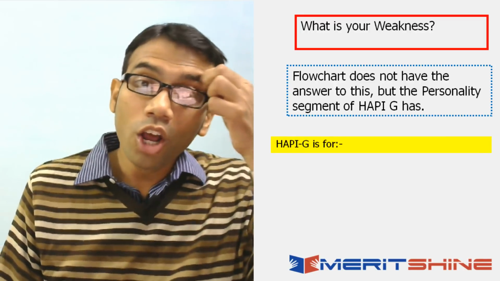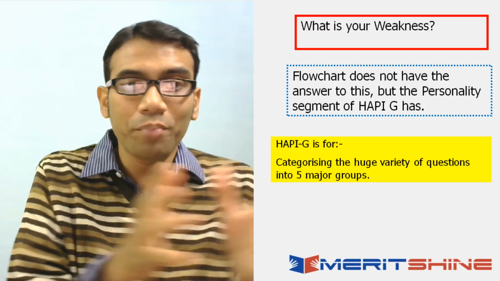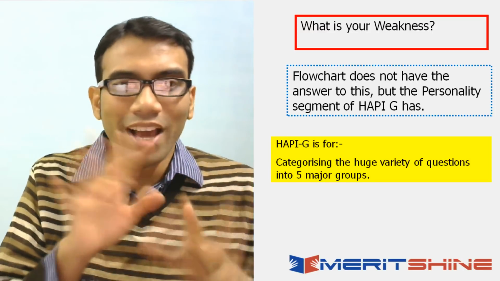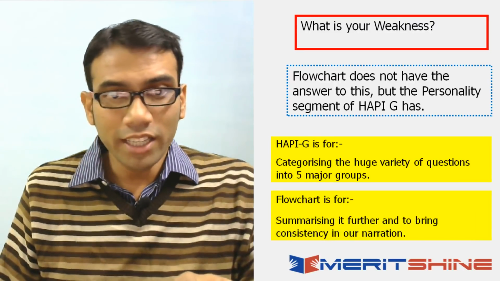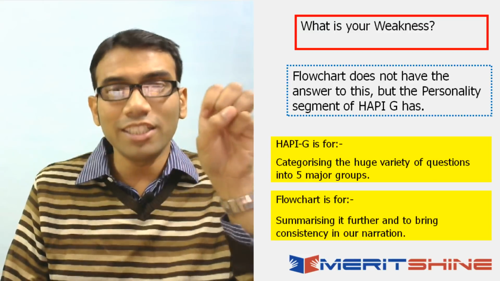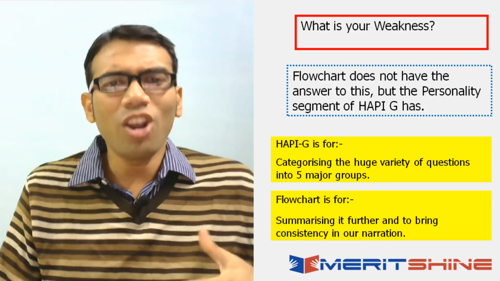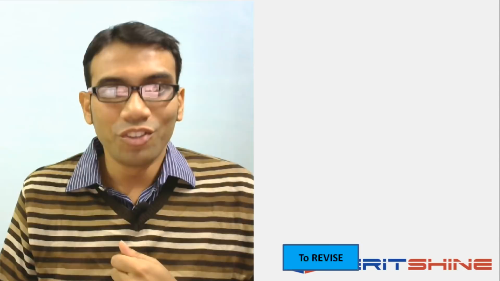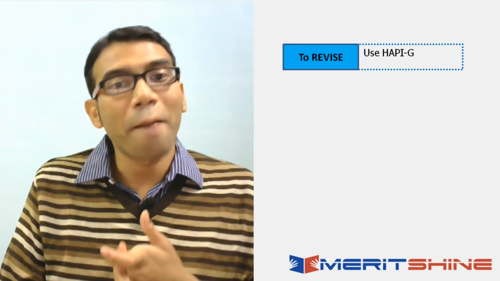HAPI-G was for consolidating the huge variety of questions that can come to us from our life into 5 major areas, H, A, P, I and G. Whereas the flowchart was to consolidate it further, summarizing it further and bringing consistency in our narration. So, whenever we have a lot of time to prepare, to revise, what should we pick up? We should pick up HAPI-G.